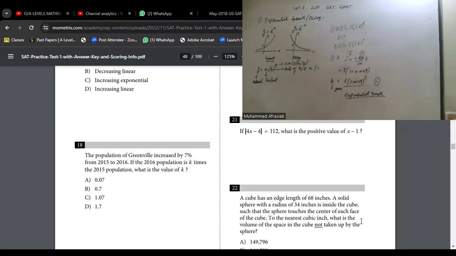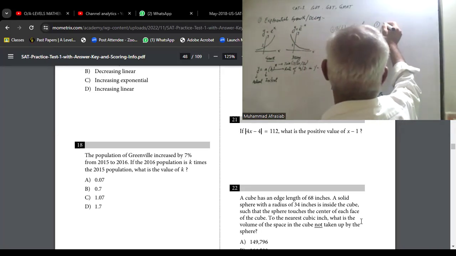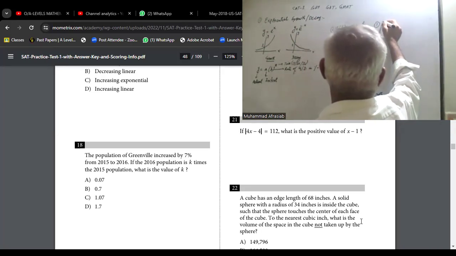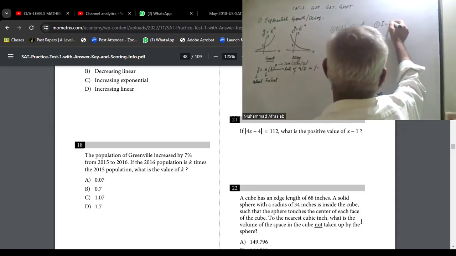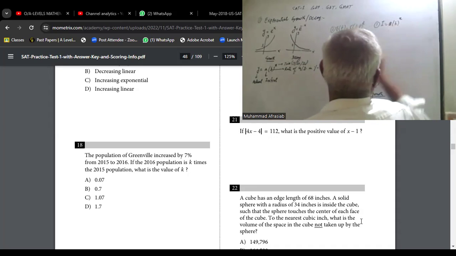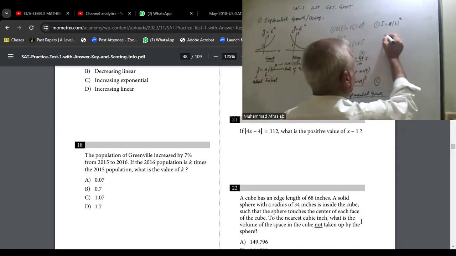So let's make a supposition that the initial value is equal to a into b power x, where a is 100.